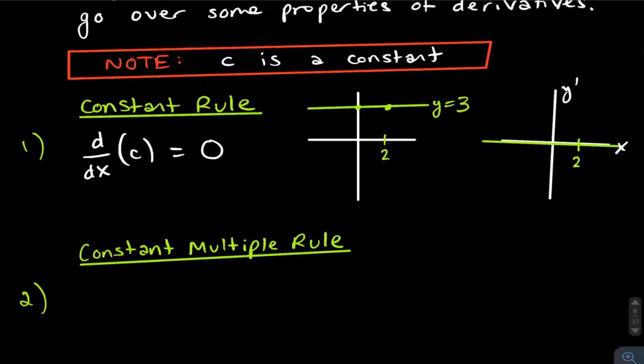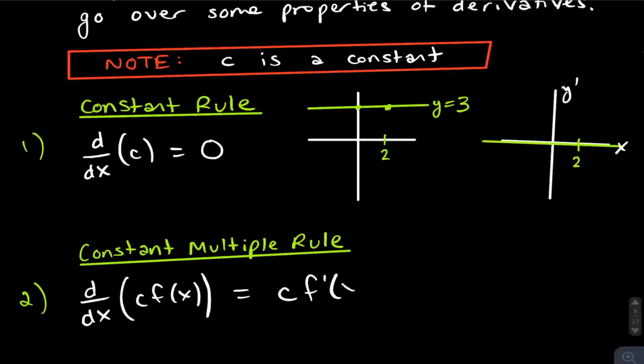What about the constant multiple rule? This is what we were talking about earlier. The constant multiple rule says that if you're taking the derivative of c f of x, a constant in front of a function, like 3x or 2x, 3x squared, 4x squared, where you have that coefficient in front of some function of x, you can pull that constant out and kind of ignore it. So it's c f prime of x, right?